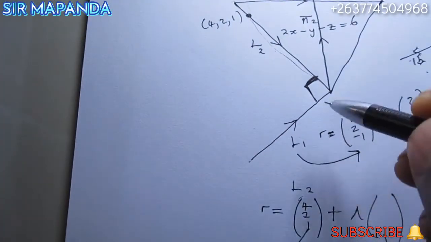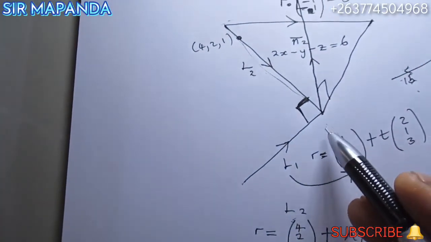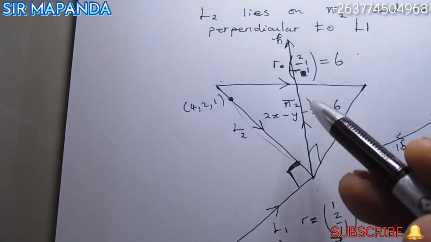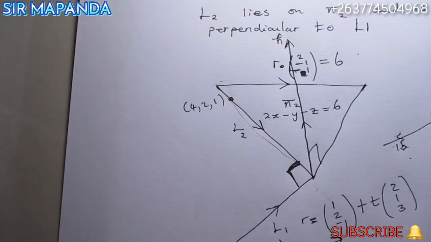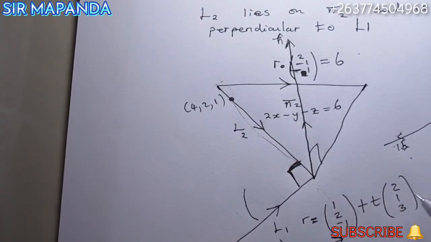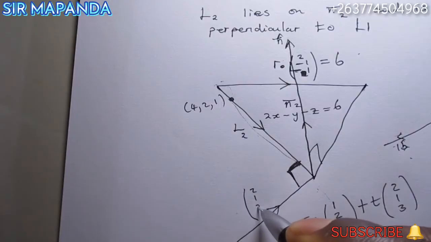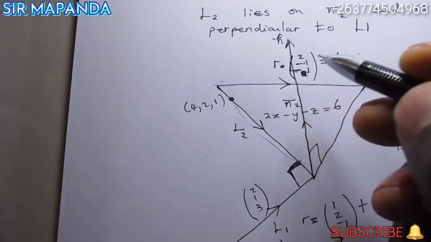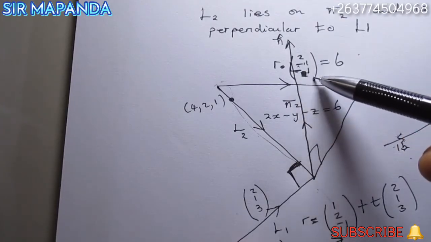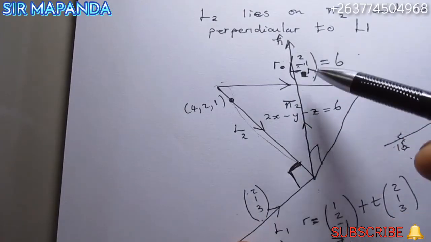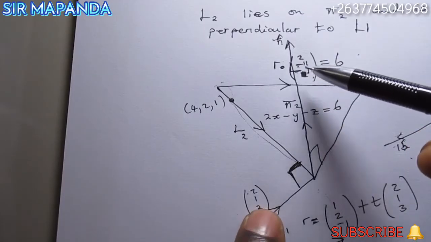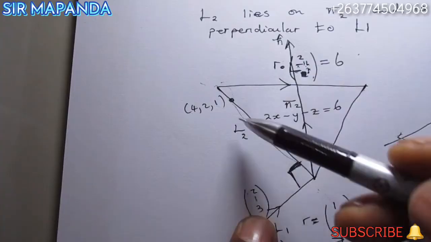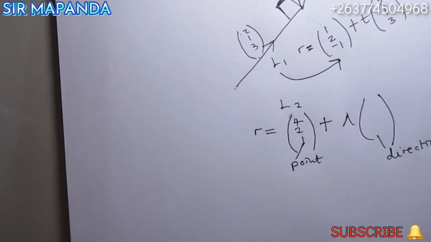So the same applies. Let this line at the corner denote the normal vector of pi 2. And the direction of L1 is 2, 1, and 3. The normal vector is 2, -1, -1. So 2, -1, -1 and 2, 1, 3. If we perform a cross product of these two vectors, you will have the direction of L2. I hope you are following.